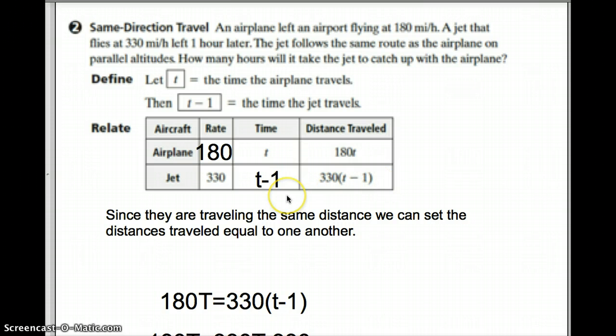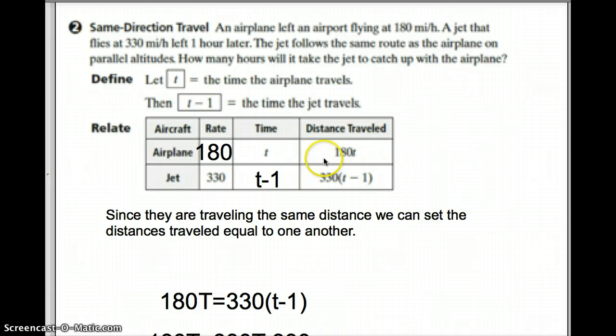Now, they're traveling the same distance because the jet is following the airplane's path. We want to know when they catch up to one another. So if you think about it, the actual physical distance that they're going to travel is going to be equal. They're leaving from the same spot. They're going to the same spot. So your distances are equal here.